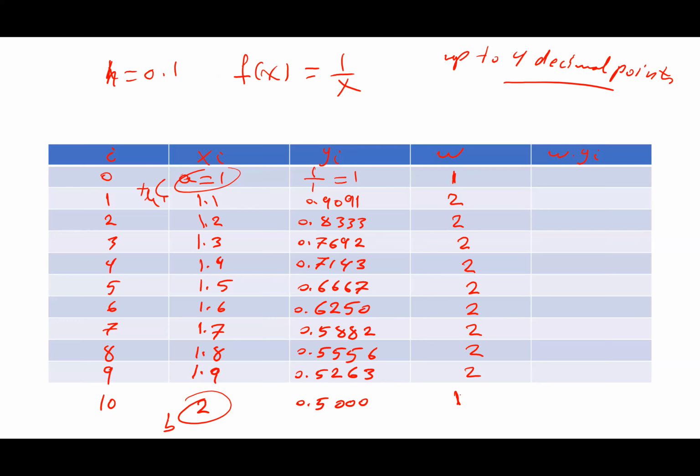Now multiply the weight with yi. The first one will give me only 1. 1 times 1 is equal to 1.